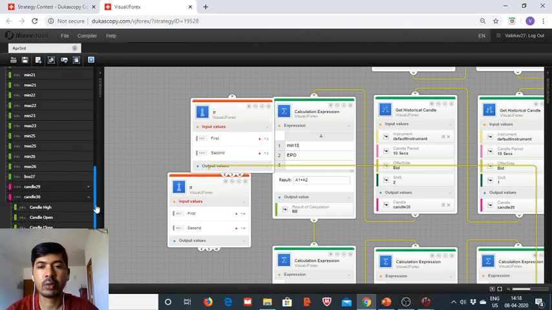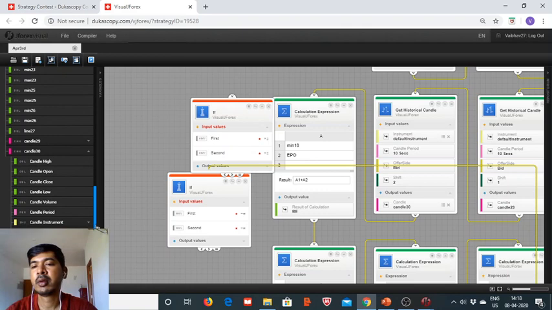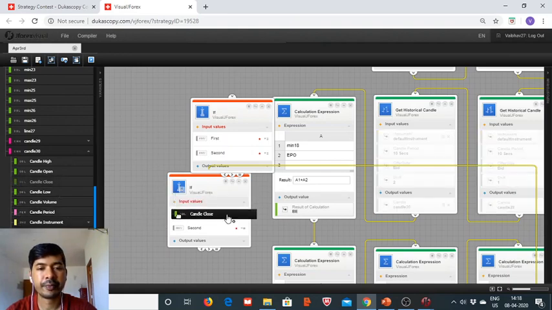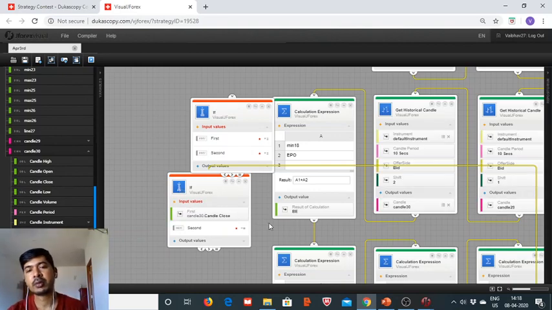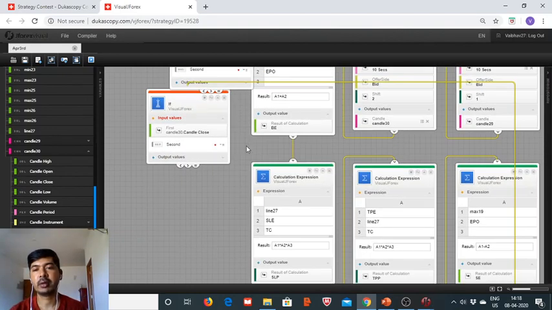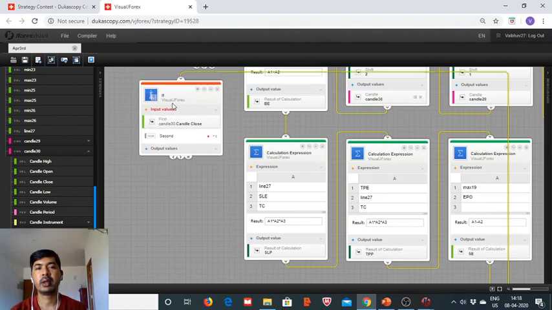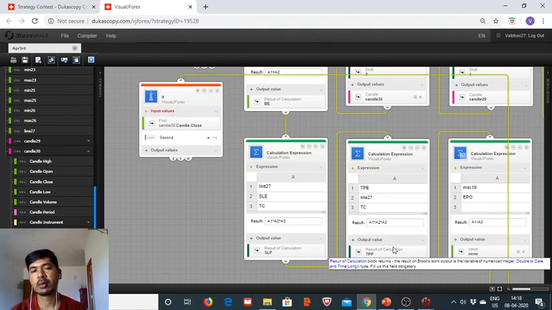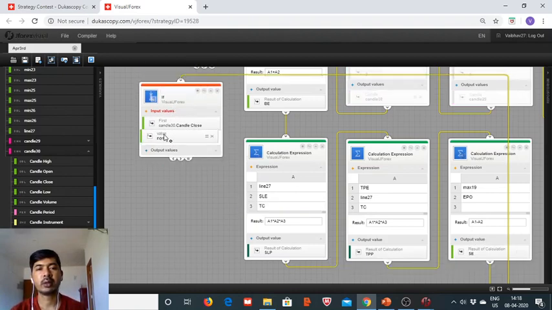Candle 30's close is all we need. Bid side, yes. It should have been greater than the SE.